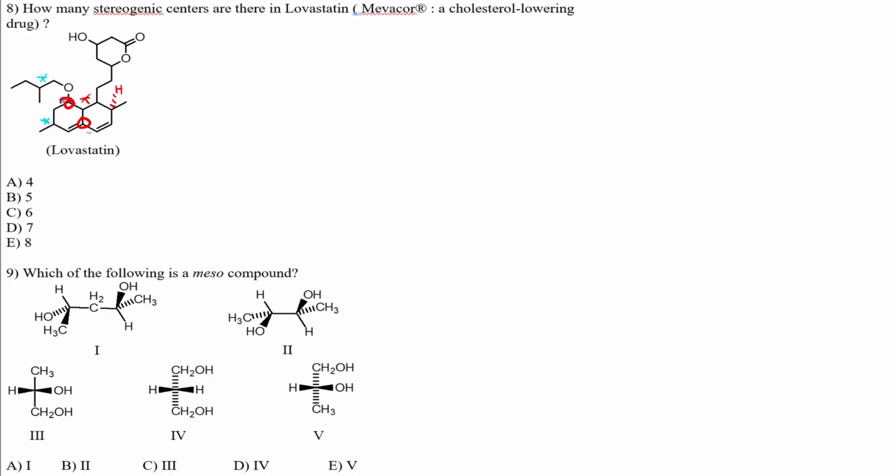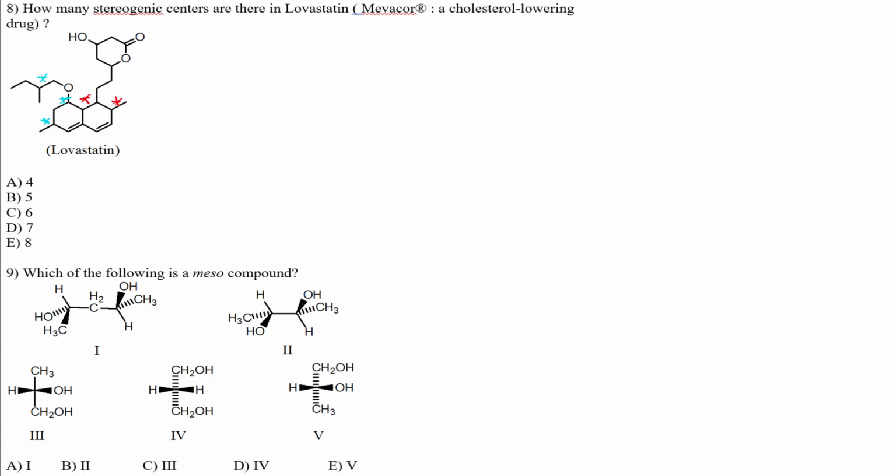And so these are completely different groups. So if I were to prioritize, I would say that this is group 1. So I'm just going to say left is group 1. This is group 2, 3, and 4. And see, there are 4 different groups. When I say 1, I mean going to the left. And those are 4 different groups, so for sure that's going to be a chiral center.